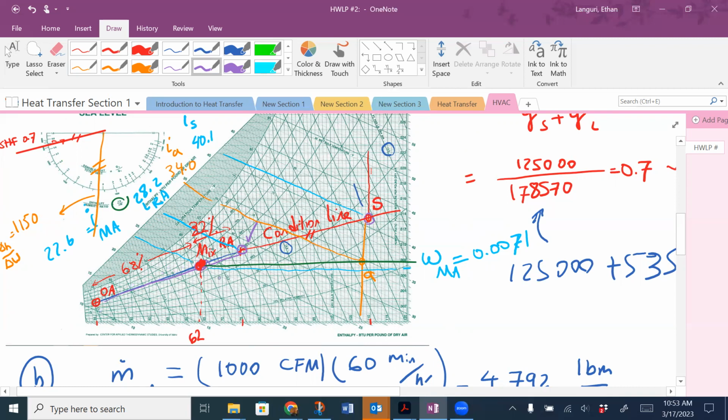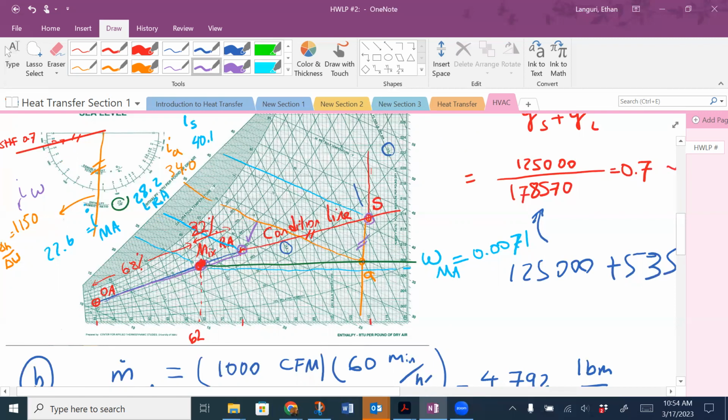For the mixing point, I separate my furnace from my humidifier. So I go horizontal to the right on a constant W line, and somewhere along this line is my point A. To find point A, I need to find the delta H over delta W line, which is nothing but the enthalpy of water injected, 1150, and parallel to this delta H over delta W, I show my SA line.